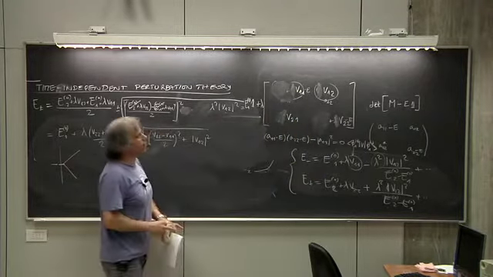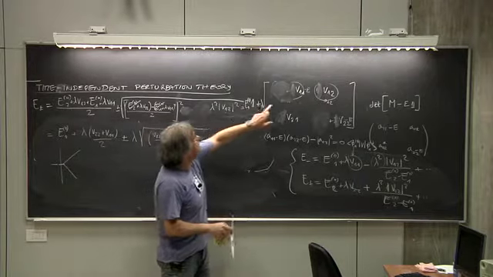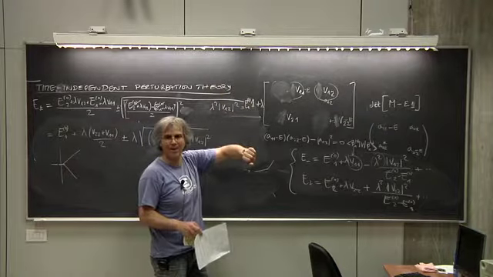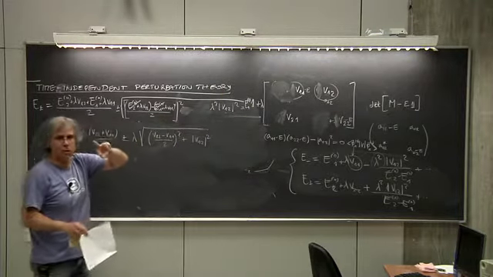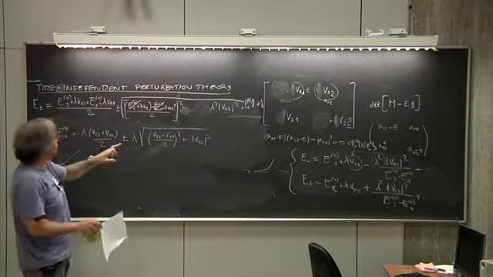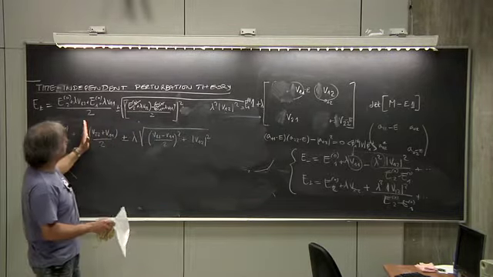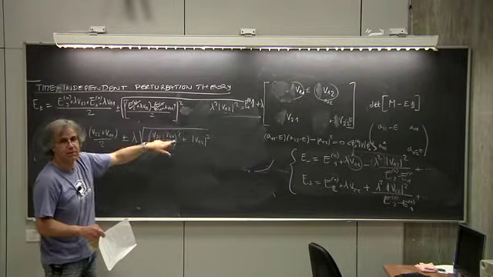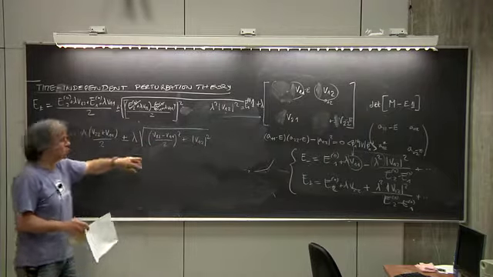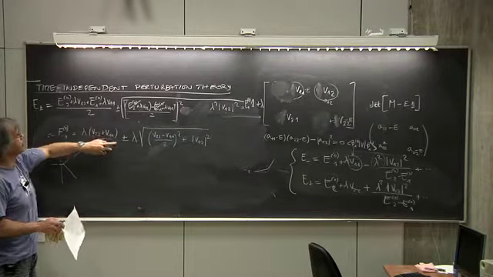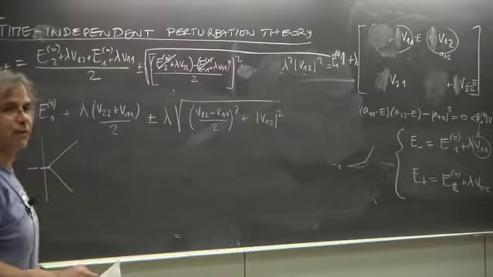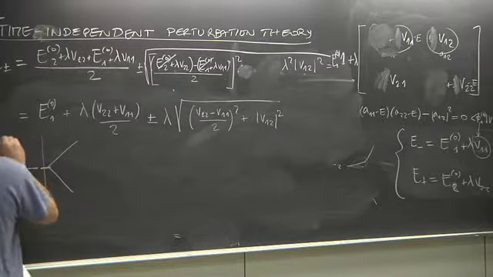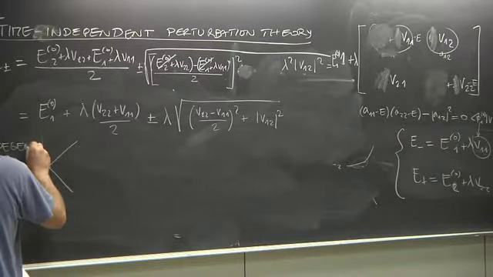Which means that the 2x2 problem you have to solve is simply to diagonalize V rather than diagonalize E0 plus V. And diagonalizing V gives you two eigenvalues in general, which are given by this formula. Okay? The semi-sum of the two plus or minus the square root of the semi-difference squared plus V12 squared. So the two eigenvalues of V will just give me this very simple linear shift. Now, this case is called degenerate perturbation theory.